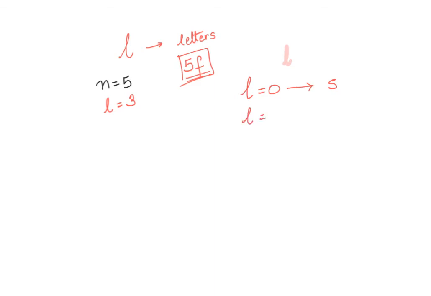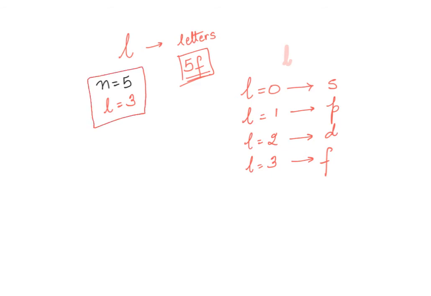If l is 1, the name of the subshell is p. If l is 2, the name of the subshell is d. And if l is 3, name of the subshell is f. So instead of saying it this way, we have an option of saying 5F.